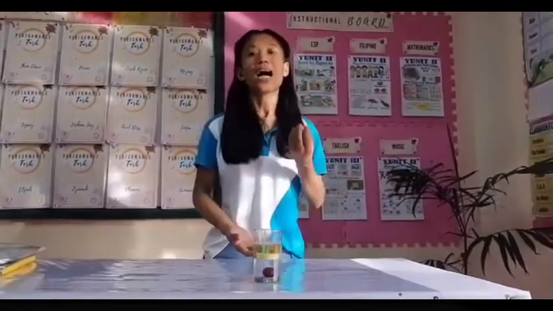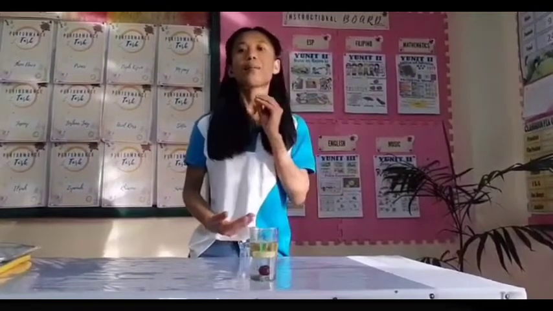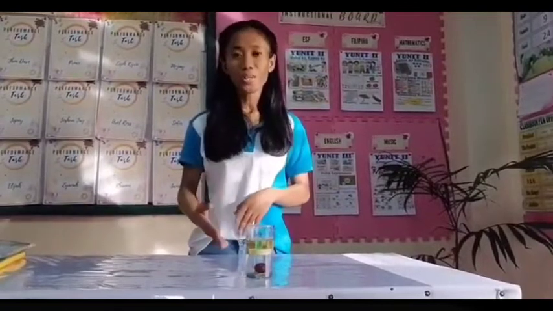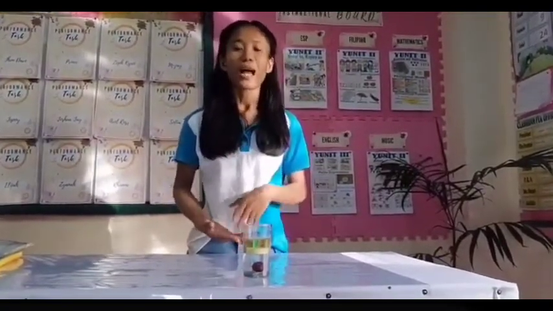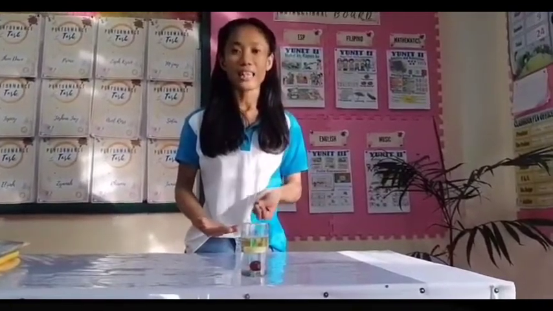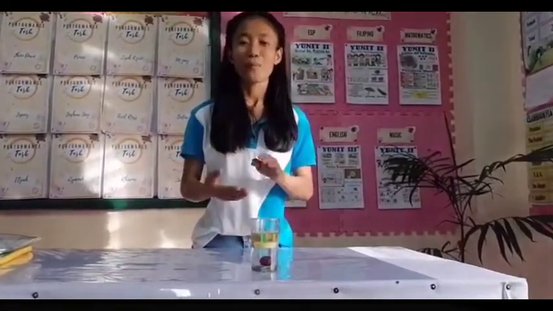So, ibig sabihin, ang density ng isang bagay ay ang relationship sa mass nito sa volume nito, or kung gaanong karaming space ang ino-occupy ng isang bagay. Nakadepende ang density ng isang bagay sa mass, sa laki nito, o sa pagkakapwesto ng mga atoms o molecules nito.